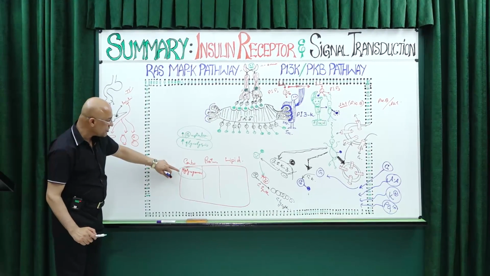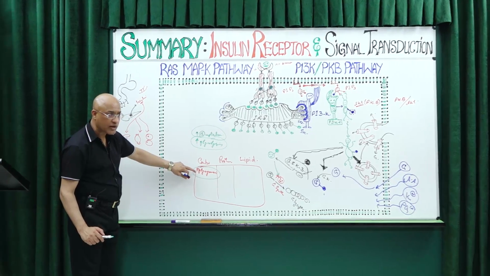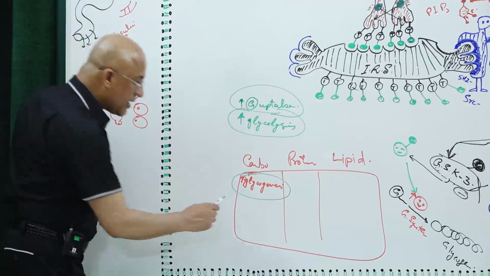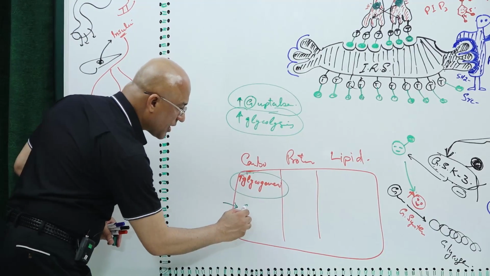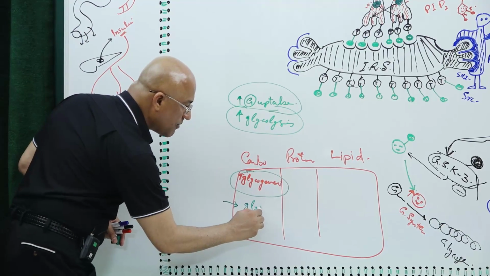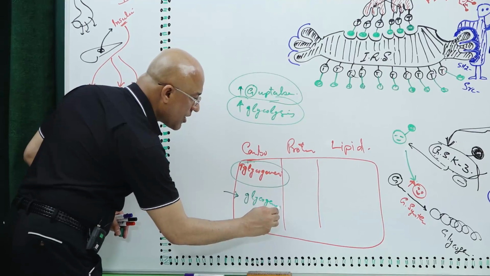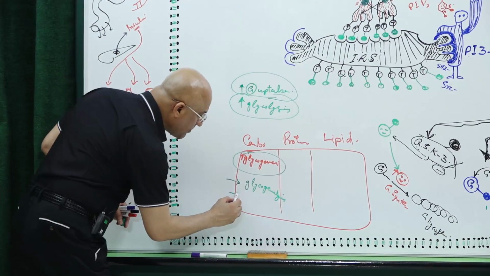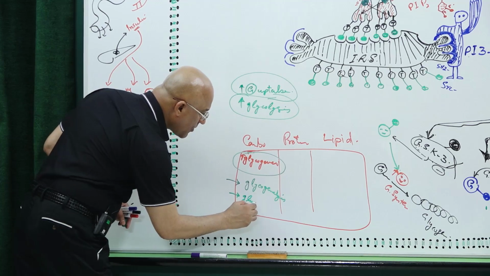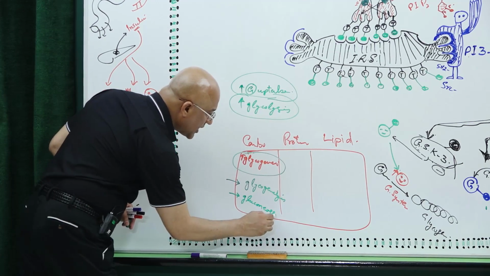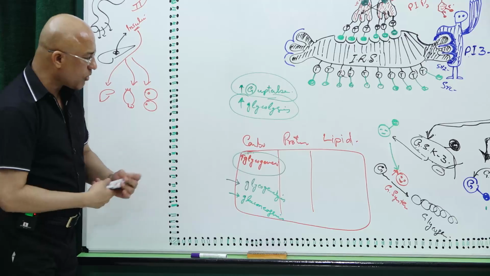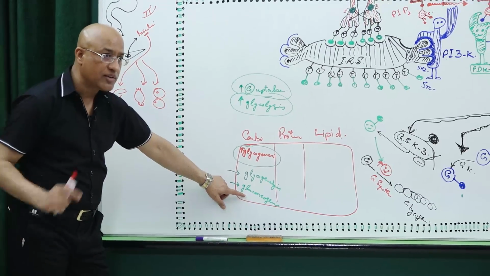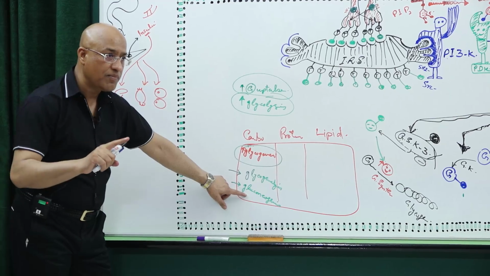So anabolic enzymes like glycogen synthase are activated, and catabolic enzymes are inhibited. In glucose metabolism, what are the catabolic enzymes? The enzymes for glycogenolysis, which break down glycogen, and the enzymes for gluconeogenesis, which make glucose. These enzymes, which are part of the gluconeogenic pathway, synthesize glucose from where?